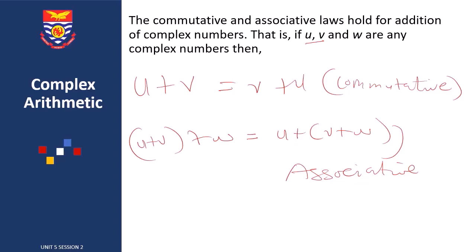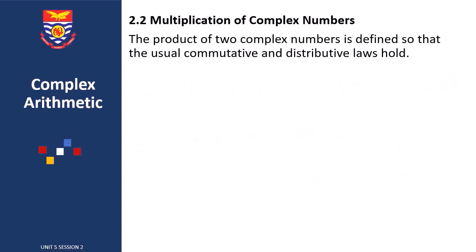So simple, elementary. Multiplication of complex numbers. The product of two complex numbers is defined so that the usual commutativity and distributive laws hold. Let me guide you some more. Let z1 equals a plus bi and z2 equals c plus di.